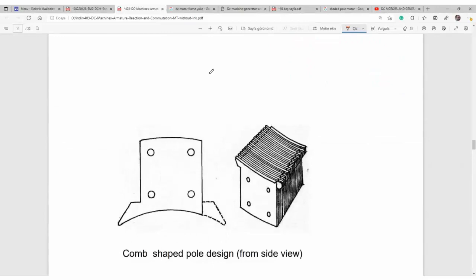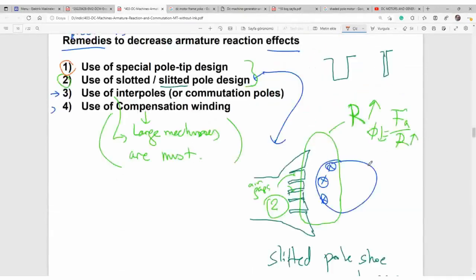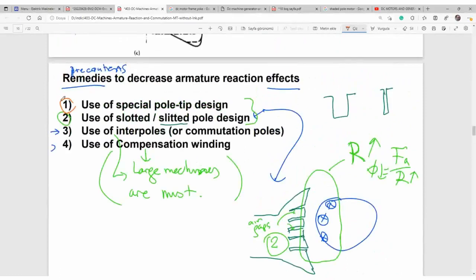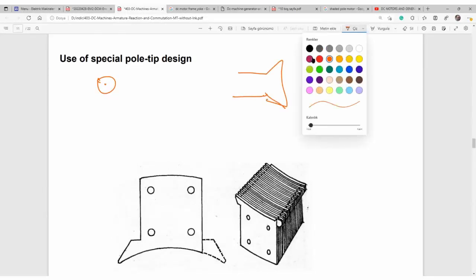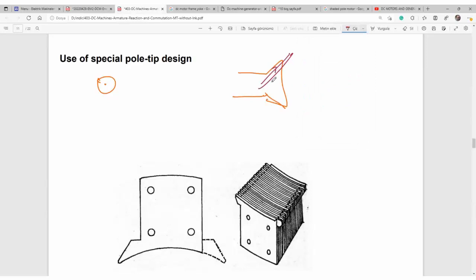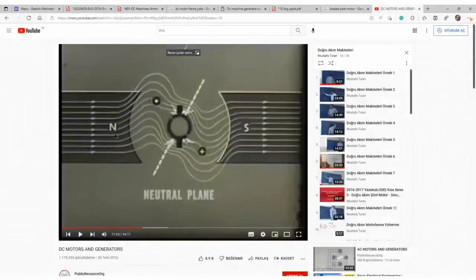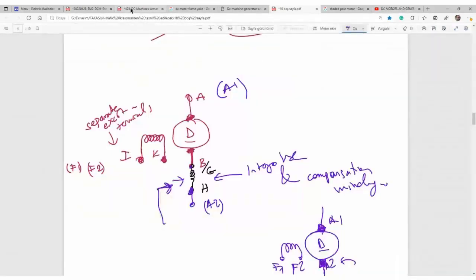In the orange one, special pole shoe, magnetic field lines were reverted to the up. Here you see. You should overcome this. How can you manage it?